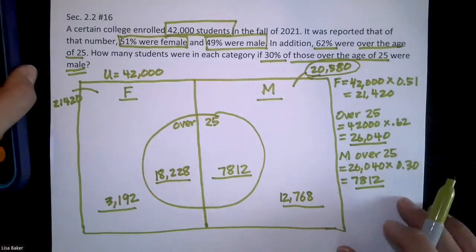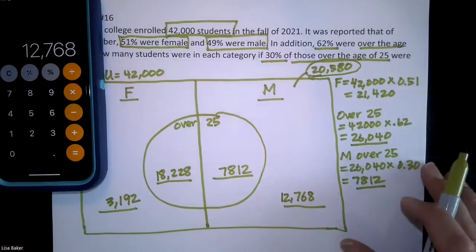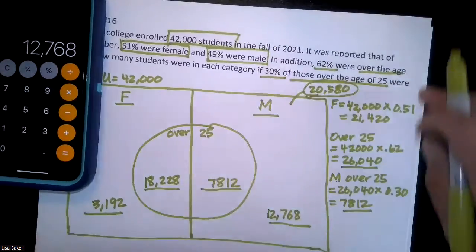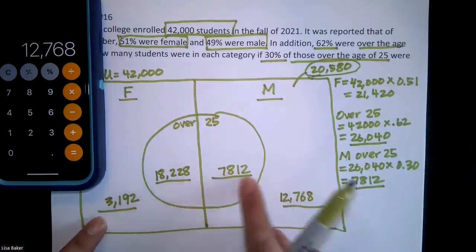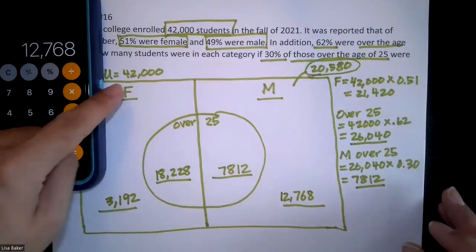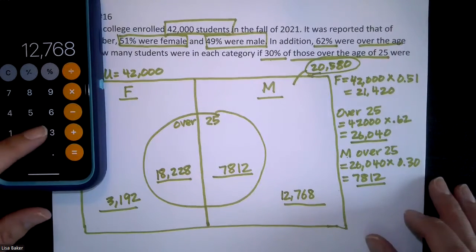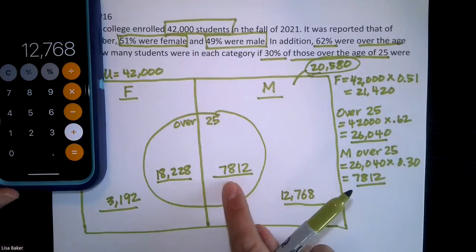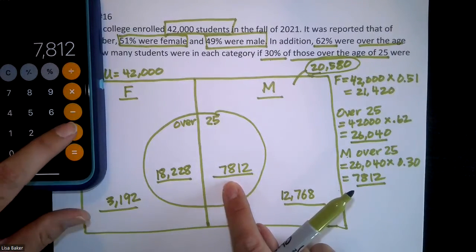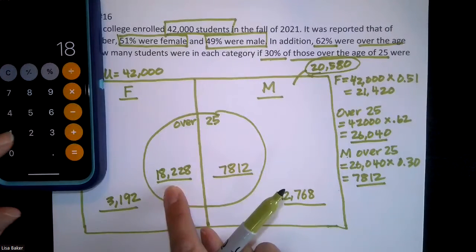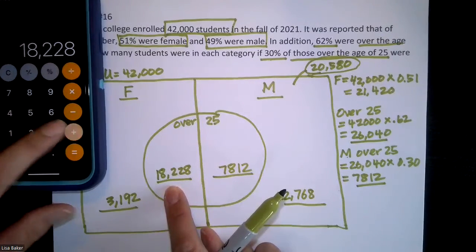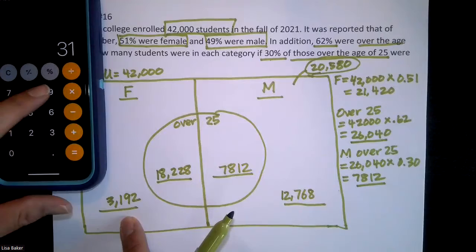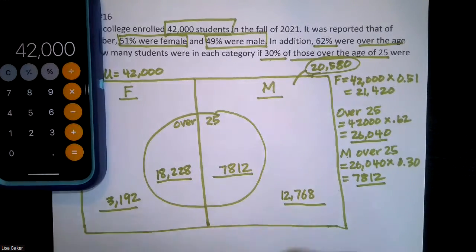I'm going to add up all four of these numbers and make sure they add up to 42,000. 12,768 plus 7,812 plus 18,228 plus 3,192, and you get 42,000. That's a quick way you can check your work.